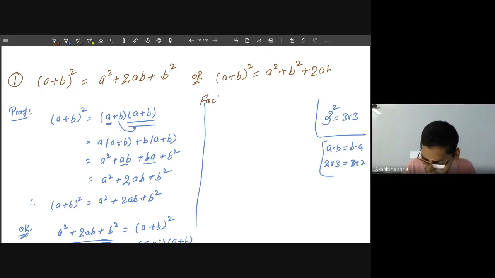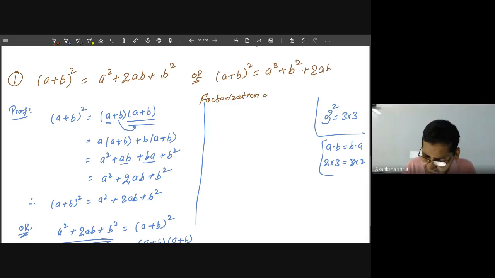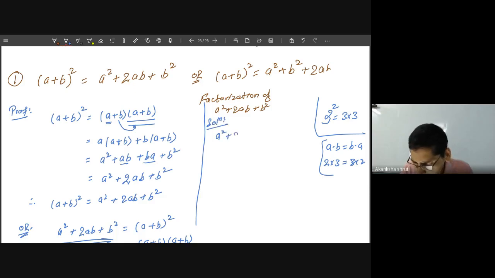Factorization of a square plus 2ab plus b square. How can we factorize this? It is also very easy, students. We have a square plus 2ab plus b square.